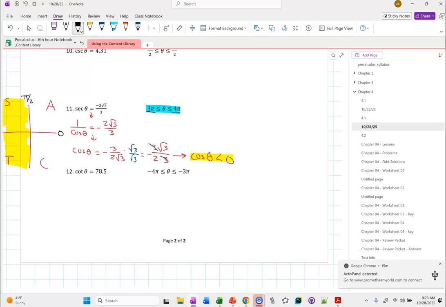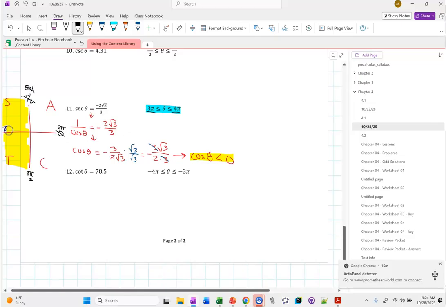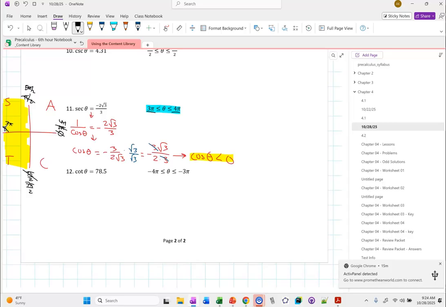So I have a half, 1, 1.5, 2, 2.5, 3, that's my start, 3.5, 4. So from 3 to 4 was covered by those two quadrants, T and C, as predicted. So what quadrant does my answer lie in? Quadrant 3.